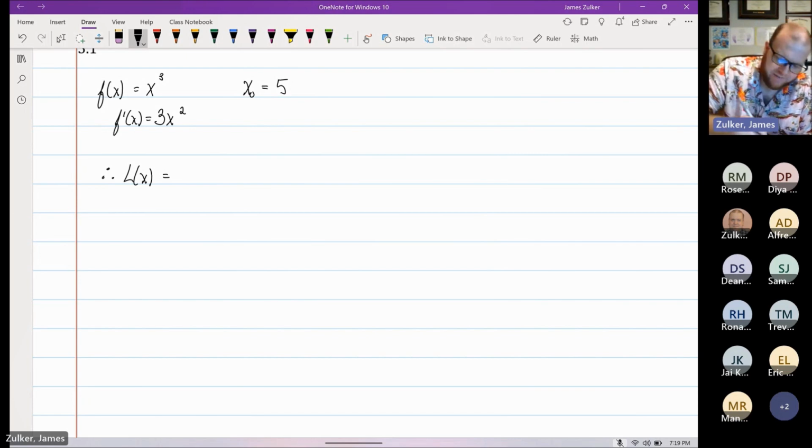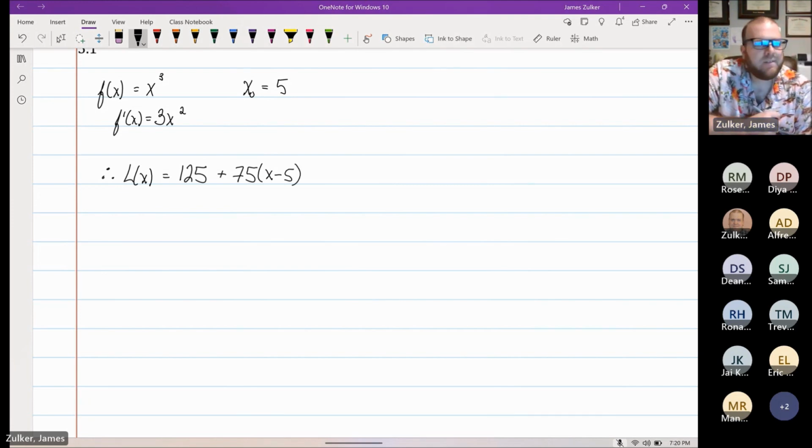Our linearization then would be f of 5 plus f prime of 5 times x minus 5.